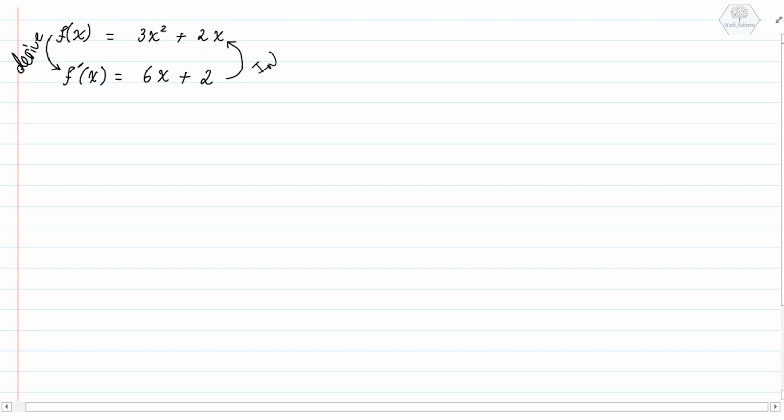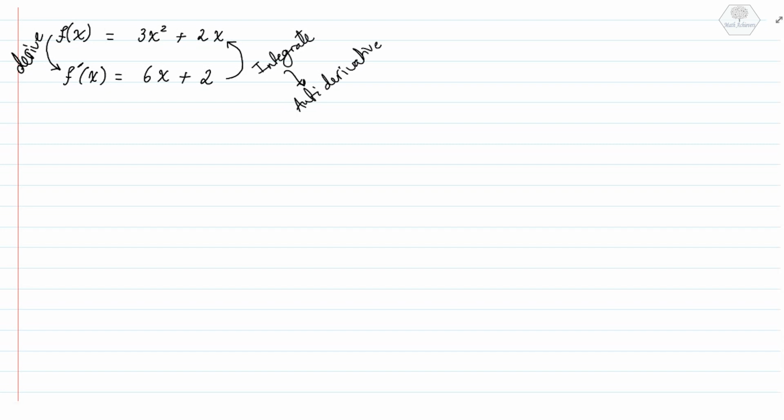The opposite way, we need to integrate. That's why we call integration the antiderivative, because it's the exact opposite of differentiation.